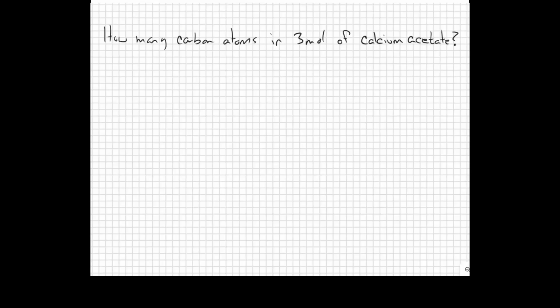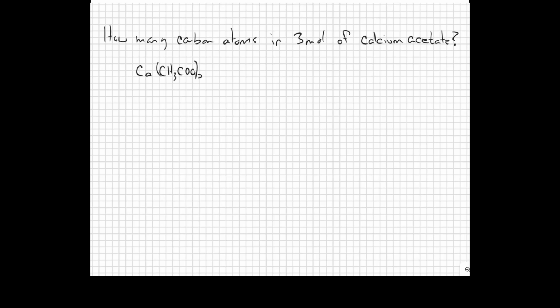So an exam question may look like: how many carbon atoms in 3 moles of calcium acetate, written exactly like that. So what you're going to be able to do by the end of this chapter is convert calcium acetate name into this, and then from this we have to figure out how many carbon atoms are present.